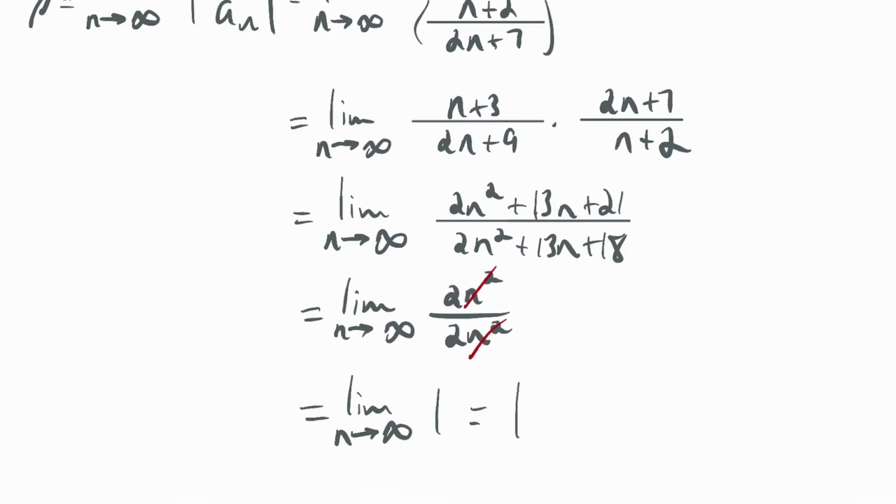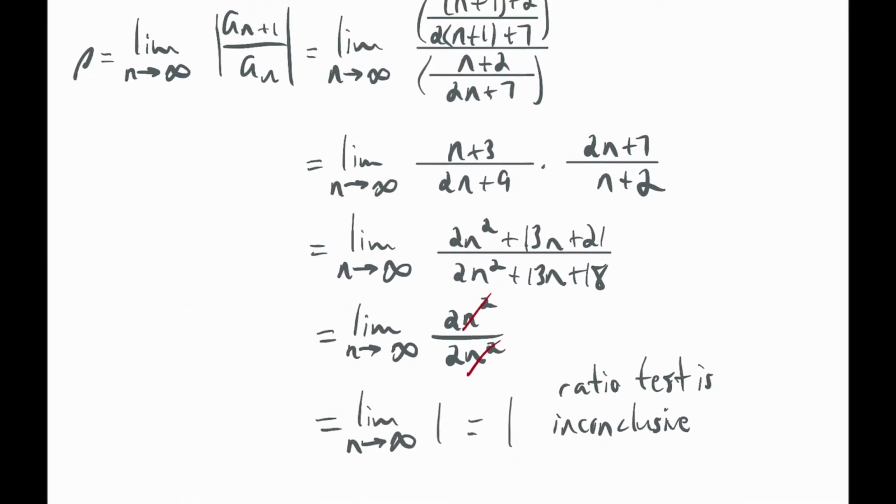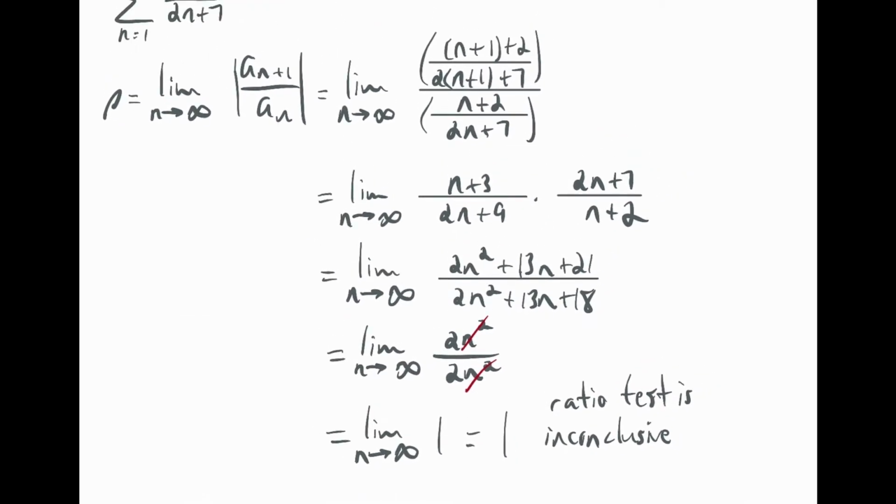So this is inconclusive. In fact, I should write the ratio test is inconclusive. If rho is 1, then the test says, I don't know. So we have to try a different test.